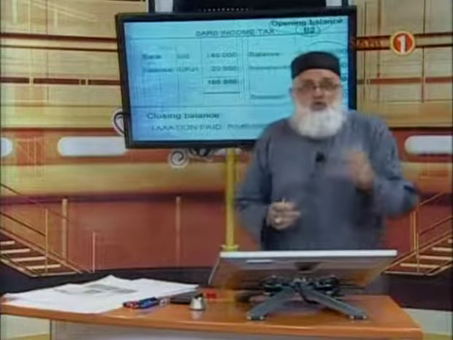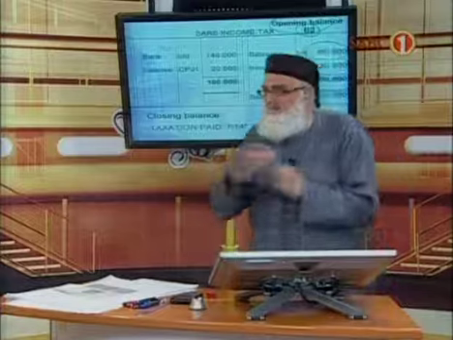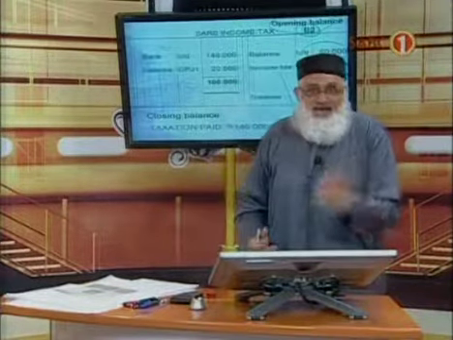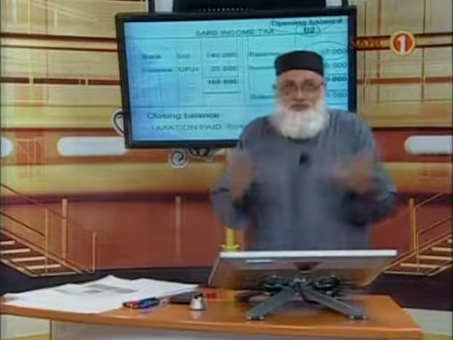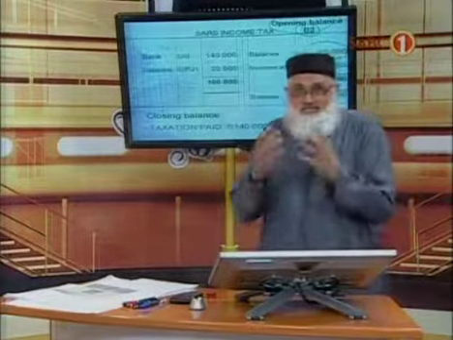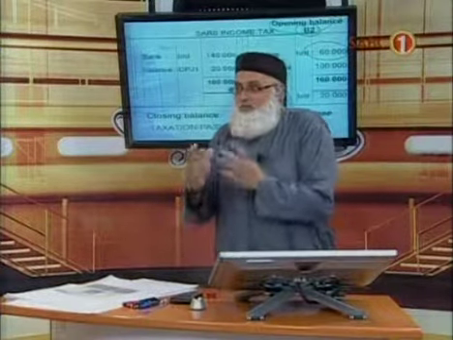Step number two, slot in your closing balance. Where are you going to look for it? Same place, guys. Either under trade and other receivables or trade and other payables. So if it has a debit balance, it's going to appear under receivables because it's a debtor account. And if it has a credit balance, it's going to appear under my creditors, which is a liability.